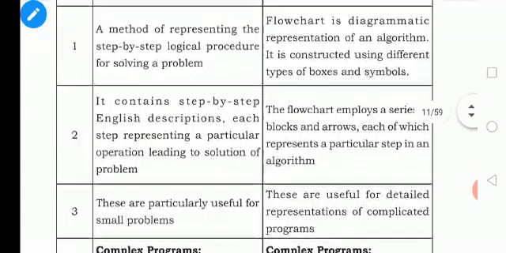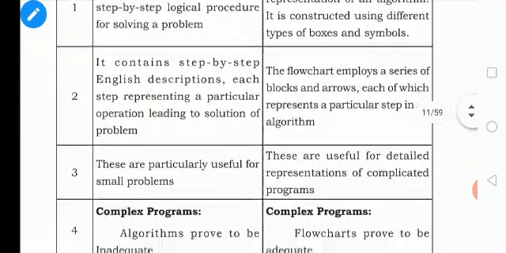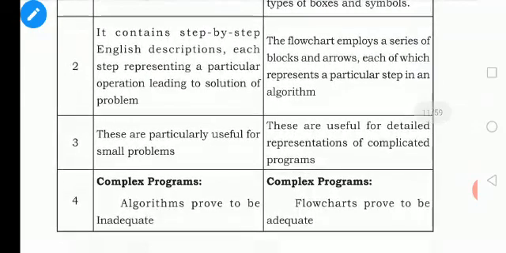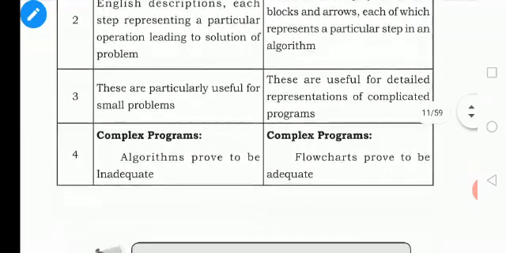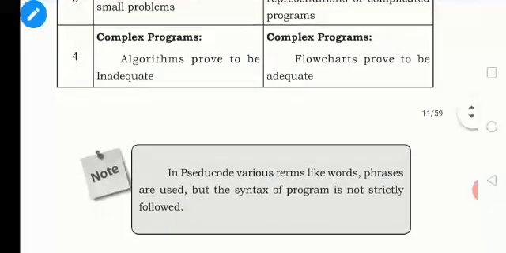Then, one is a step-by-step English description, the other is a series of blocks and arrows. Then, algorithms are useful for small problems, while flowcharts are used for complex problems. In complex problems, algorithms are inadequate; flowcharts are adequate. So these are the 4 points, the difference between the flowchart and the algorithm.